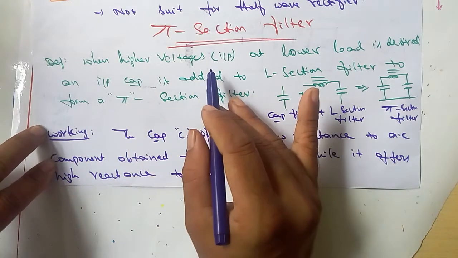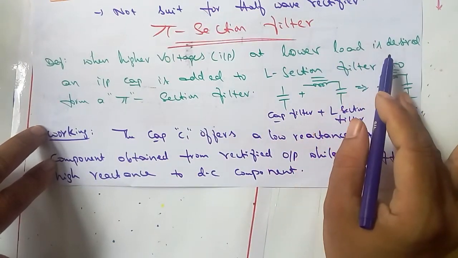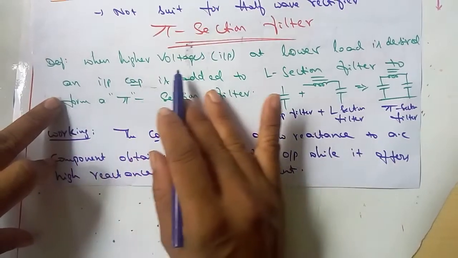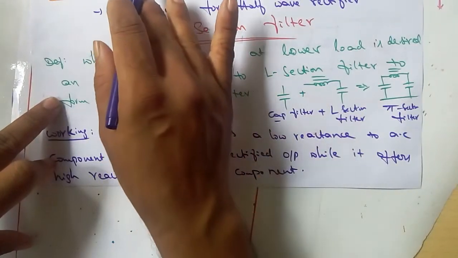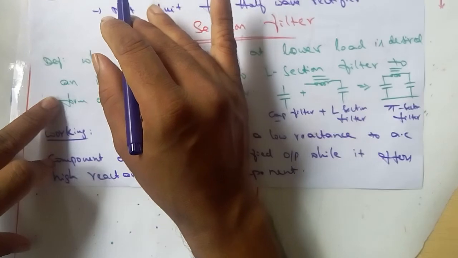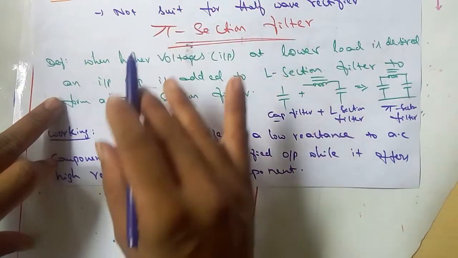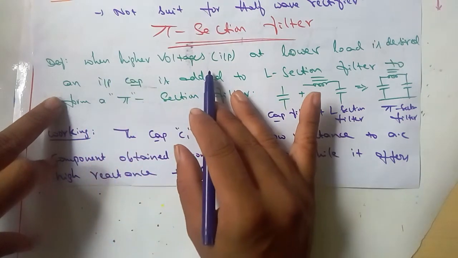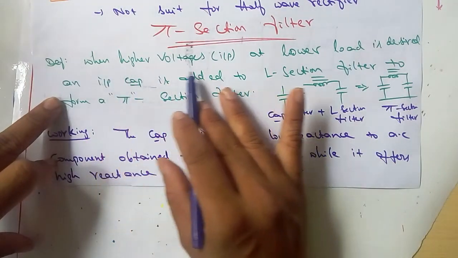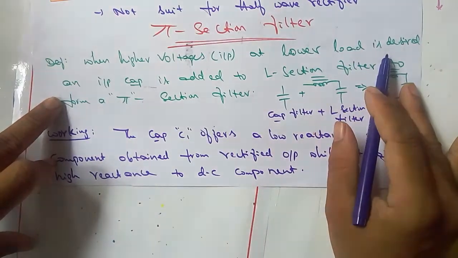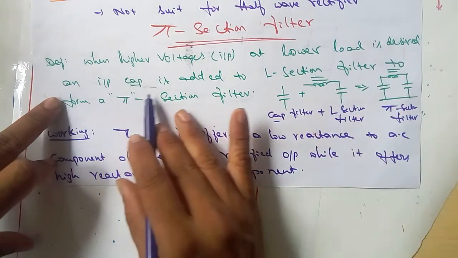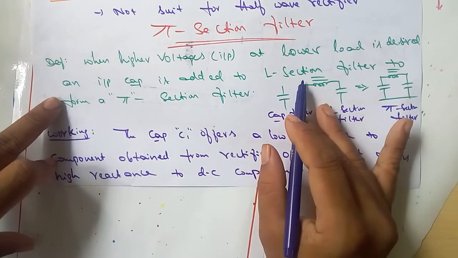When higher voltages at lower loads are desired, why? Because the previous L section filter has the lowest voltage, and our aim is to get the highest voltage. So an input capacitor is added to the L section filter.